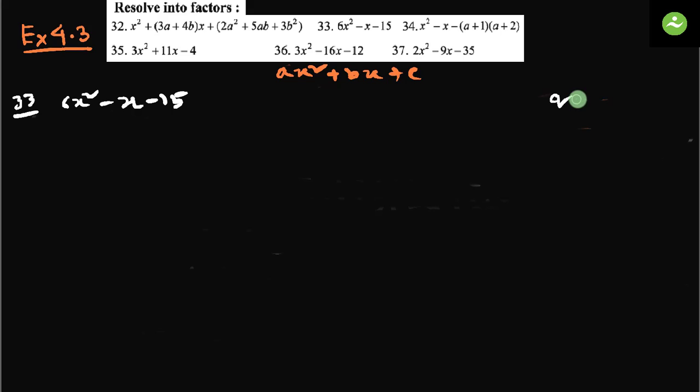Q is 6 into 15 equals 90. Now we have to select two factors so that the product is 90 and the sum is minus 1. What are the factors? The product is 90 and the sum is minus 1. 6 into 15, no.